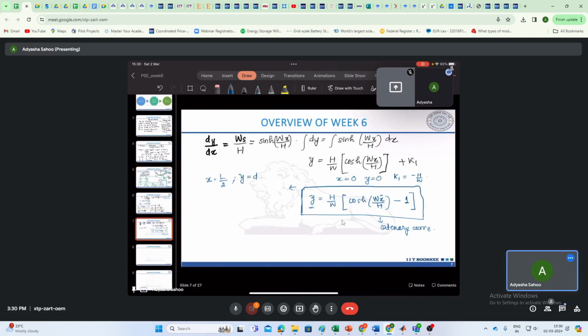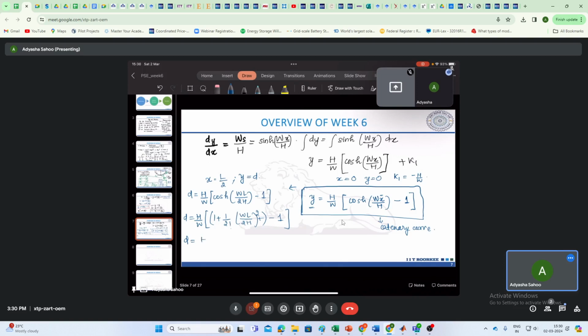So y is D, so you will get D as h by w cos hyperbolic of wL by 2h minus 1. Now by substituting the series expansion of the cos hyperbolic function, I'll be getting 1 plus 1 by 2 factorial times wL by 2h whole square. I'm neglecting other higher order terms basically.